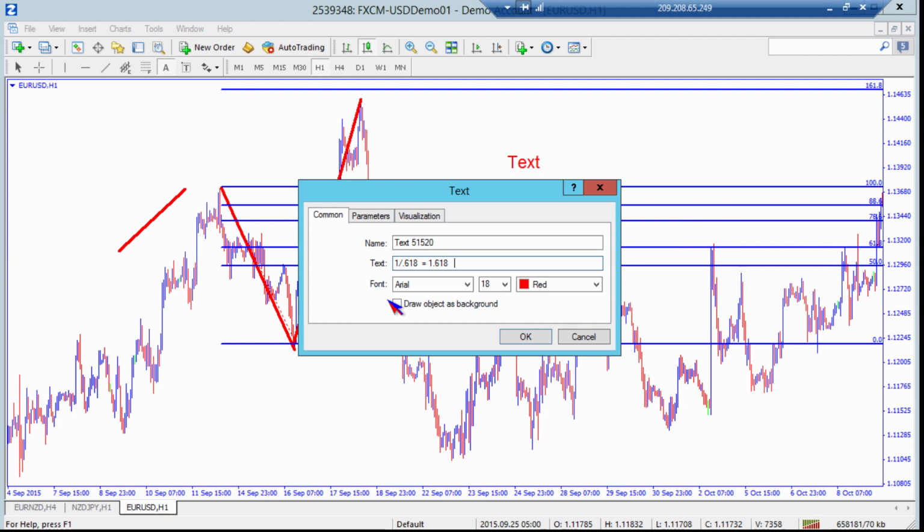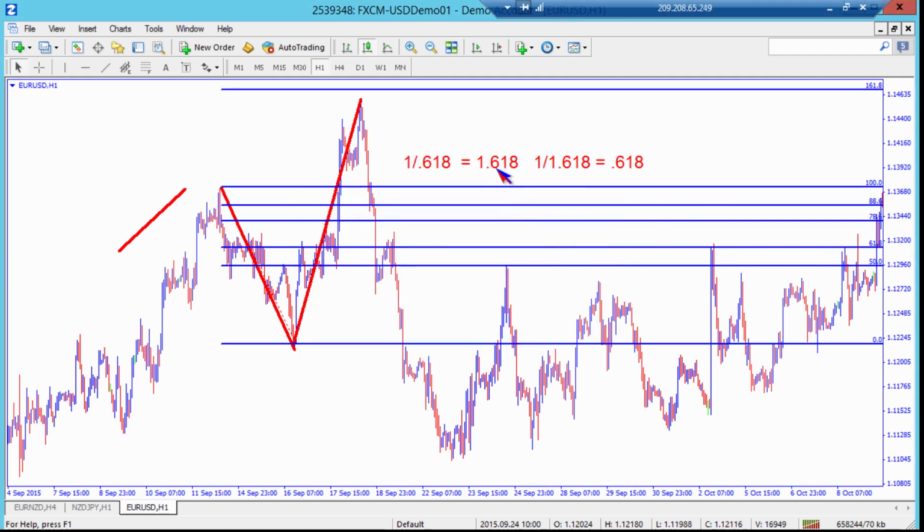If you took 1 divided by 1.618, it's equal to 0.618. So these are what's called inverses. You take 1 divided by 0.618 equals 1.618, or you take 1 divided by 1.618 equals 0.618. This is called an inverse.